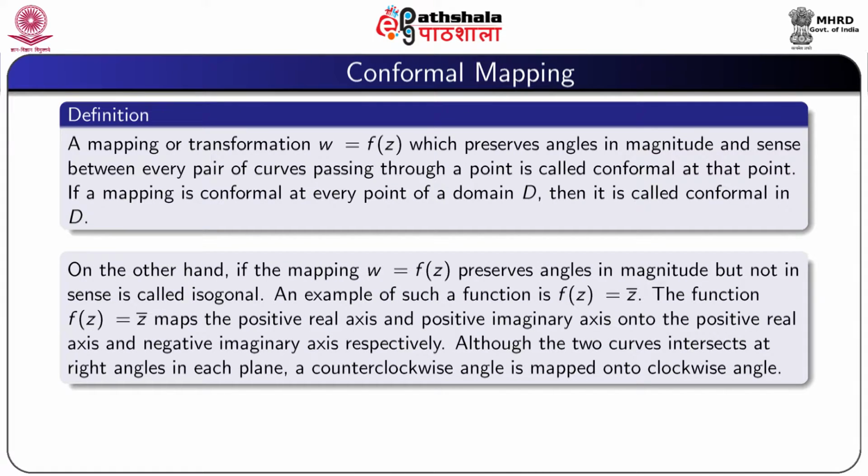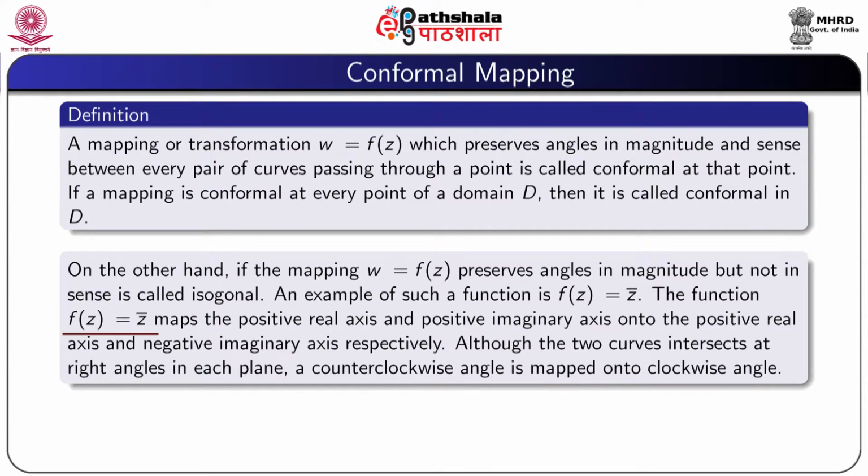On the other hand, if the mapping w = f(z) preserves angles in magnitude but not in sense, it is called an isogonal mapping. An example of such a function is f(z) = z bar.